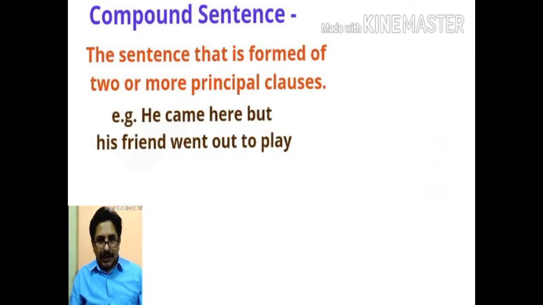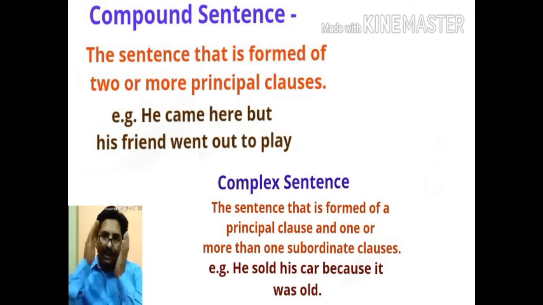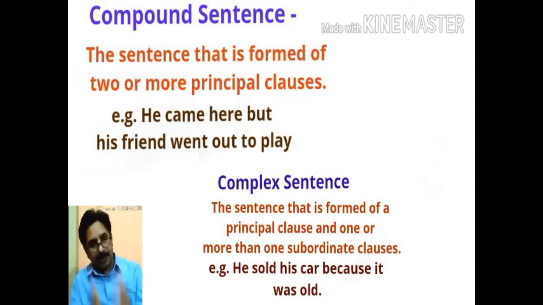There is a difference between a compound and a complex sentence. A compound sentence is a sentence that is formed of two or more principal clauses, whereas a complex sentence is a sentence that is formed of one principal clause and one or more than one subordinate clauses.